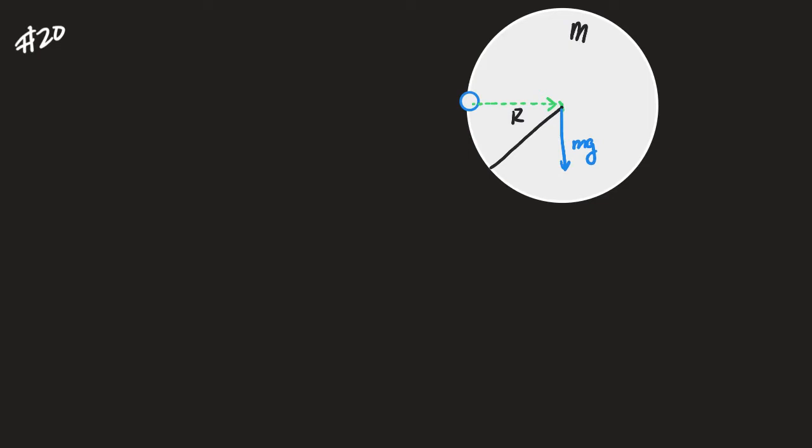I don't really care. The torque on the disk is going to be R times mg times the sine of 90 degrees right now. It's not going to stay that. The moment the disk begins to move, the angle between the weight and the torque arm is going to change.